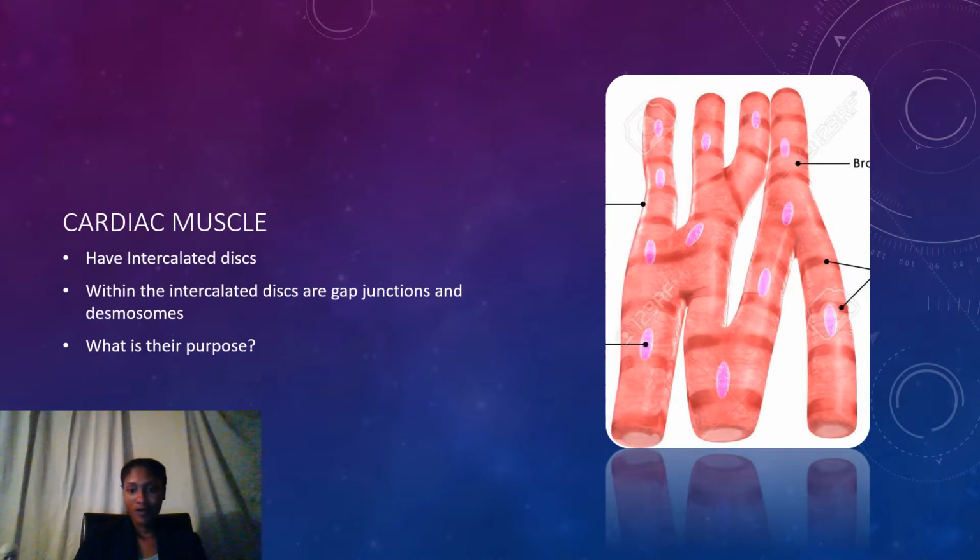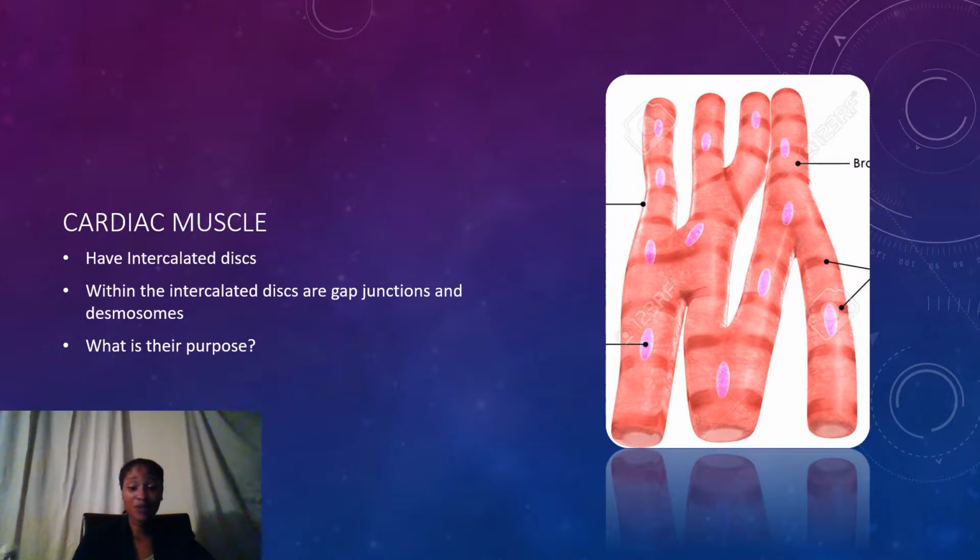Cardiac muscles have intercalated discs, and within these discs are gap junctions and desmosomes. Gap junctions form channels between adjacent cardiac muscle fibers, and they allow depolarization current to flow from one cardiac muscle cell to the next.